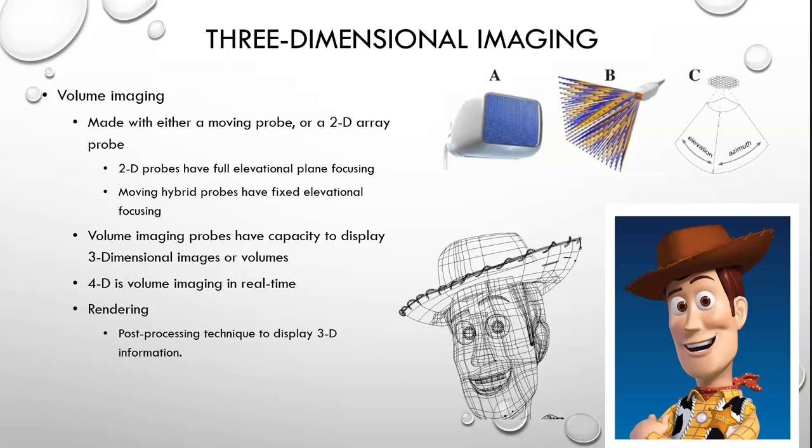Rendering was developed for the most part by the people at Pixar, and so when you look at this two-dimensional image of a character from the Pixar Toy Story, Woody has features that you would think are three-dimensional. However, Woody is obviously on a two-dimensional screen right now looking at us, and he just appears to be three-dimensional. And rendering is the process that makes this two-dimensional image appear to have depth.